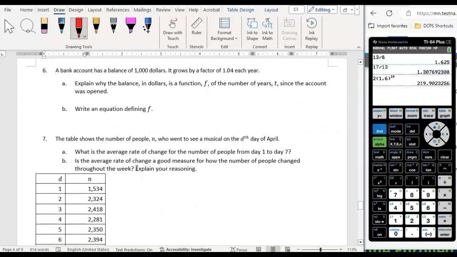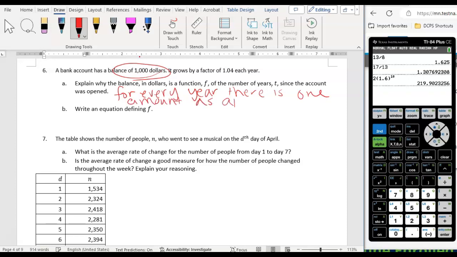All right, number 6, a bank account has a balance of $1,000. It grows by a factor of 1.04 each year. Explain why the balance in dollars is a function f of the number of years since the bank account was opened. So for every year there is one amount as an output.